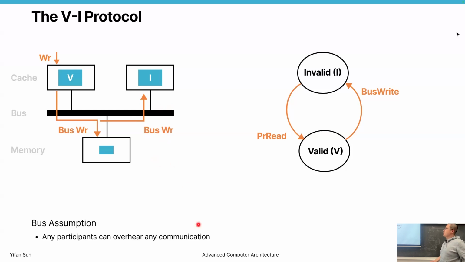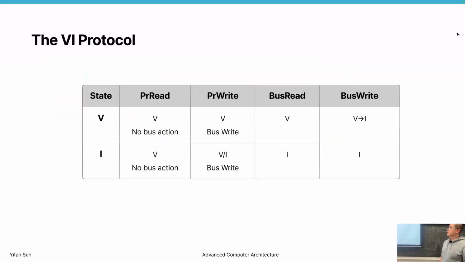So we're pretty much completed with the VI design. That's simple. Sometimes we also define a state transition diagram that says what action we should do in different states when different actions are happening, and what state we need to transit into.